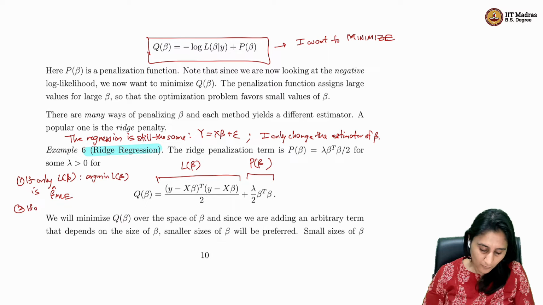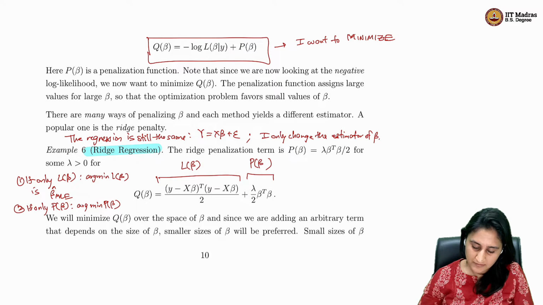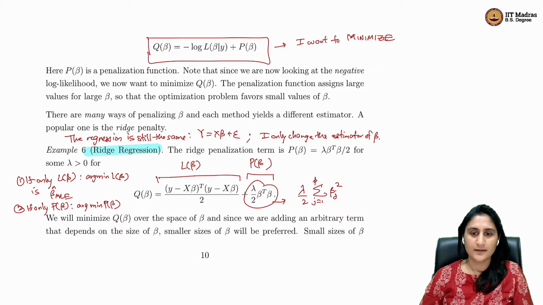And if only P beta was there, then the argument that minimizes P beta, well, let's look at P beta. P beta is lambda by 2 beta transpose beta, which essentially is lambda by 2 summation j going from 1 to p of beta j squared. Which takes all positive values.